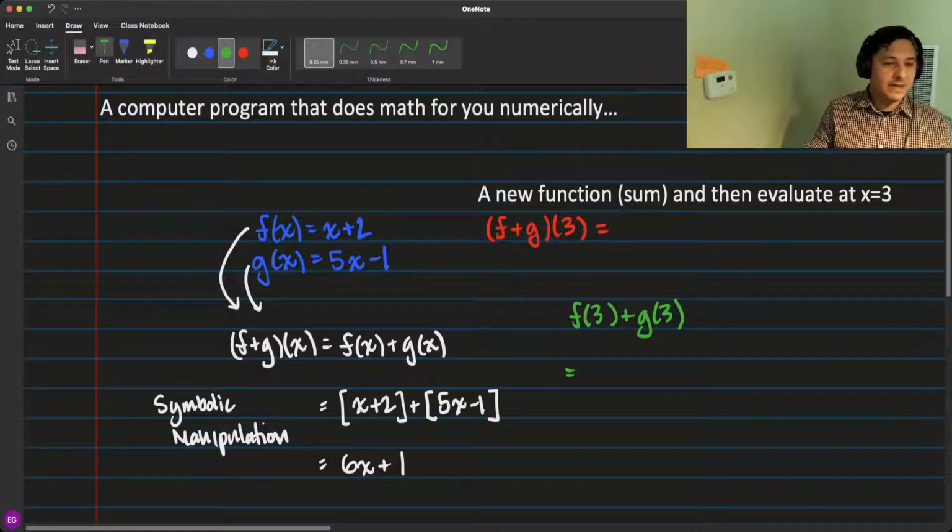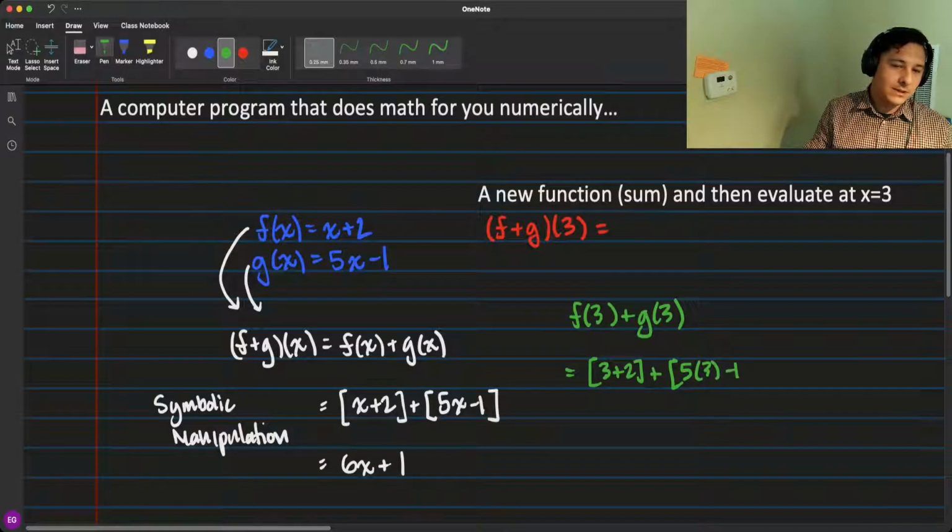So you would say, well, what's f of 3? Well, that's going to be 3 plus 2. And then you can say, hey, well, what's g of 3? Well, that's going to be 5 times 3 minus 1. And the computer can go and calculate that, and it's like, oh, that's going to be 15 minus 1, which is 14. And what's 5 plus 14? 19.